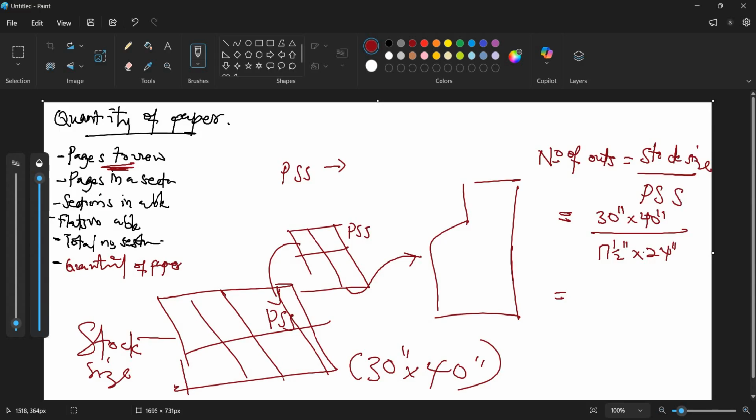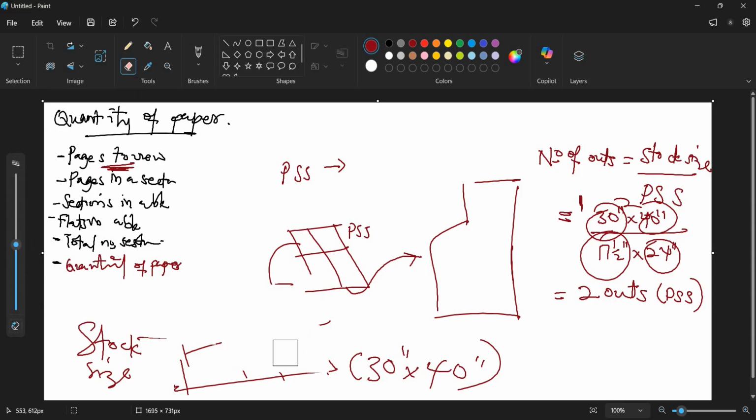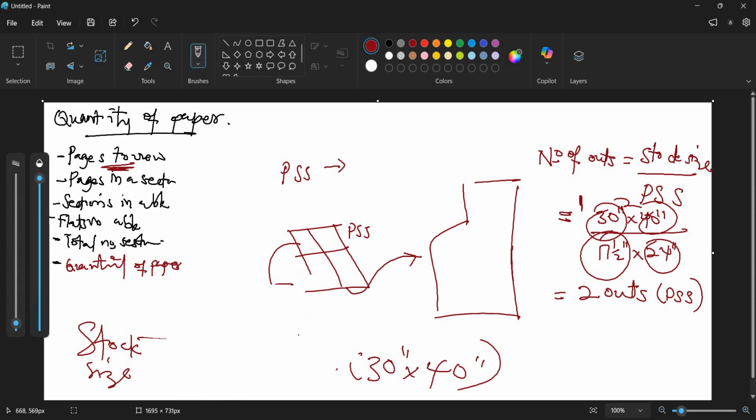So 24 into 40 goes 1 time, and 17 1/2 into 30 goes 1 time, so 2 times 1 gives me 2 outs. Do you get it? So 2 outs of the PSS. When I take this 30 by 40, I'm going to get 2 of the PSS out of the 30 by 40. So PSS 1, PSS 2.